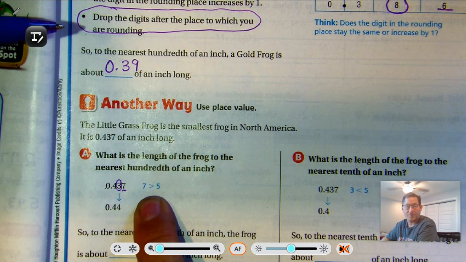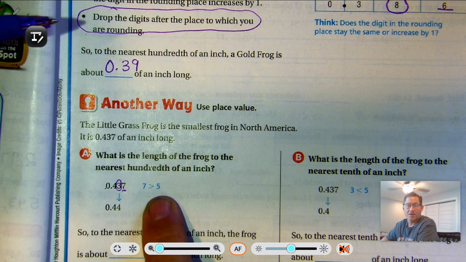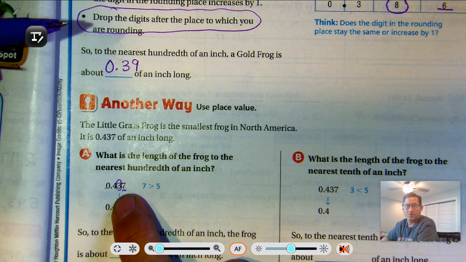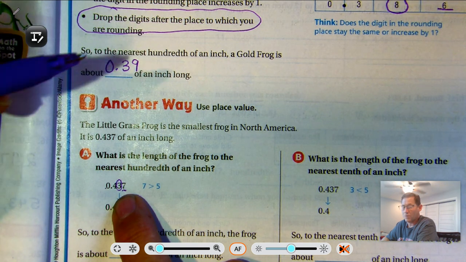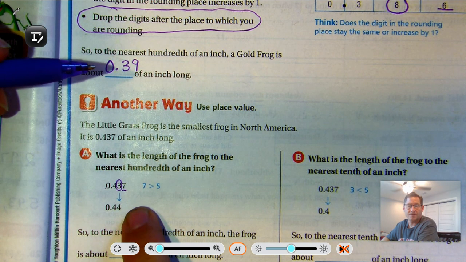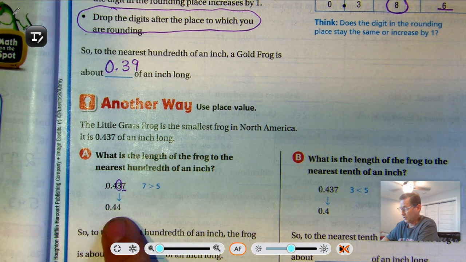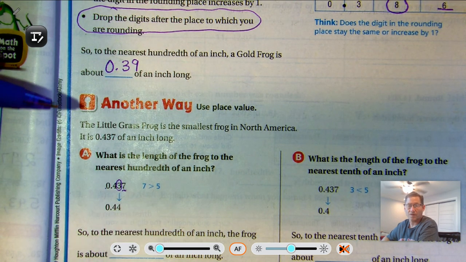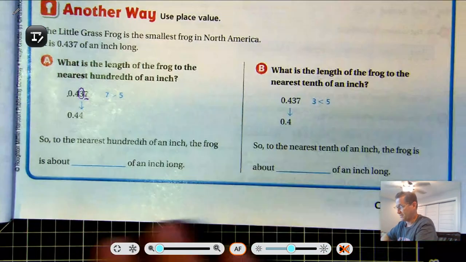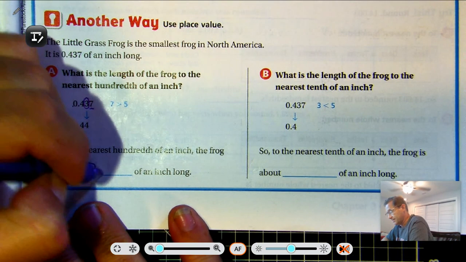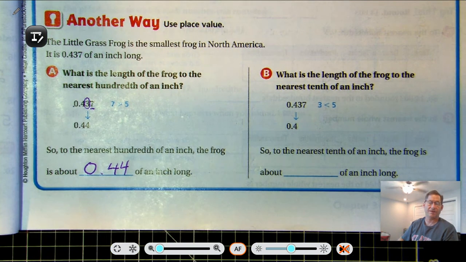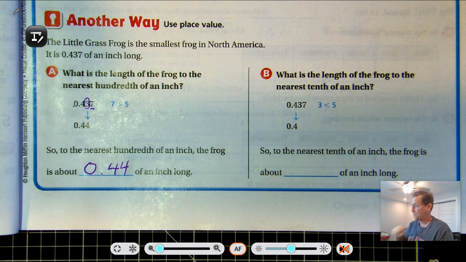Well, as they're showing you here, 7 is greater than 5, right? So we're going to round the digit we're rounding to up by 1. And then we're going to drop off anything after the hundredths. So it's 0.44. So to the nearest hundredth of an inch, the frog is about 44 hundredths of an inch.